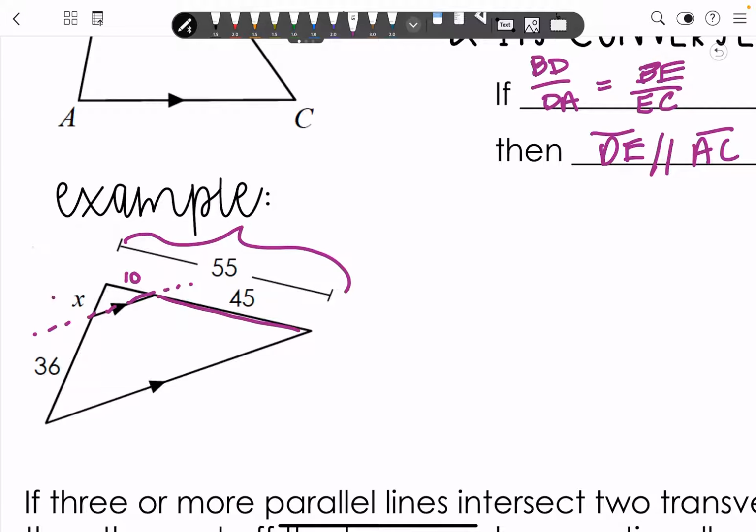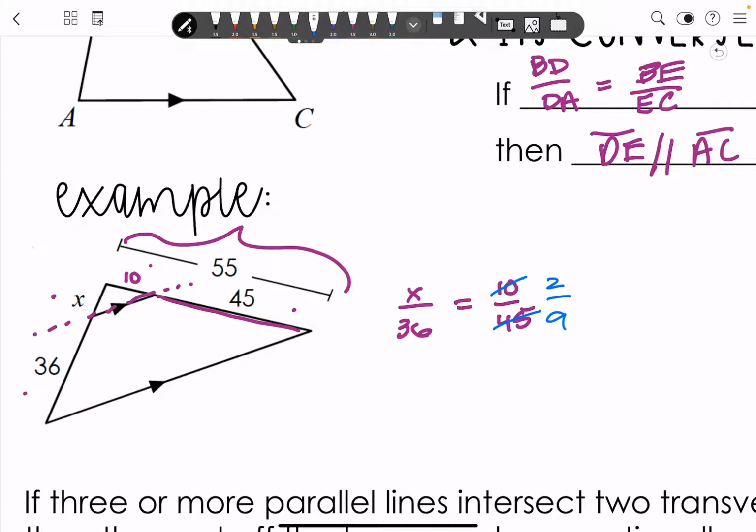So I'm going to do x over 36 is equal to 10 over 45. And now that it's set up this way, I can use this really nicely and simplify it. Okay, because both of these are divisible by 5, I can do 2 over 9 here.